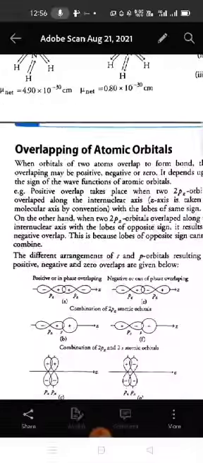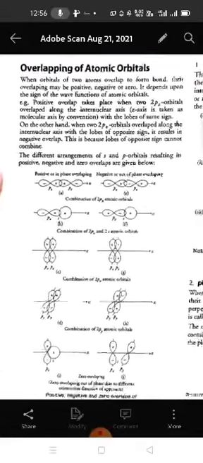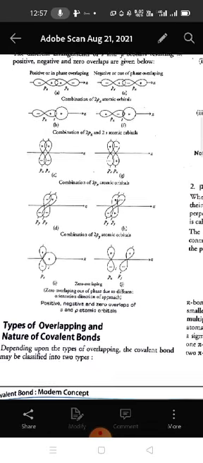Now next is overlapping of atomic orbitals. When orbitals of two atoms overlap to form a bond, their overlapping may be positive, negative, or zero. It depends upon the sign of the wave function of the atomic orbitals. So these are the ways.